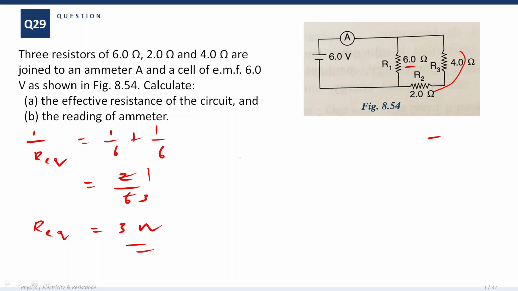So directly we can use here the electromotive force epsilon equal to current, which we don't know, times equivalent resistance. 6 volt equal to I into 3. Therefore, the ammeter reads 2 ampere of current.